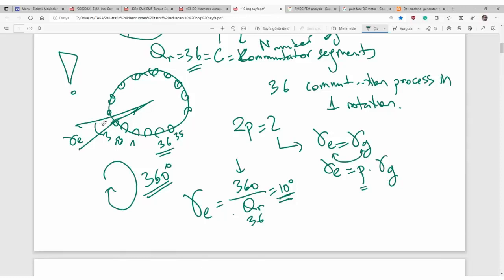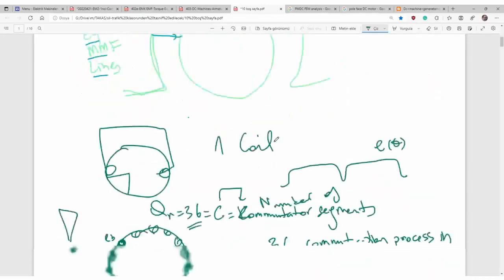That means electrical angle means electromotive force, let's say A, let's say B. The phase difference between EA and EB is the electrical angle. Here's an electromotive force induced, here's another one. But there's a phase displacement between the induced electromotive forces, and it is gamma electrical. Now, ladies and gentlemen, the angle is 10 degrees right now. Take care.